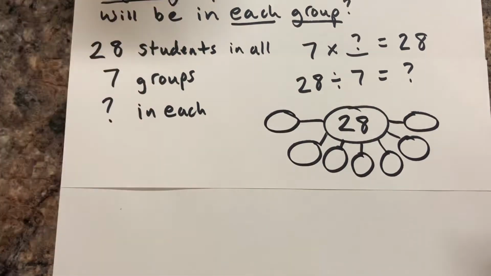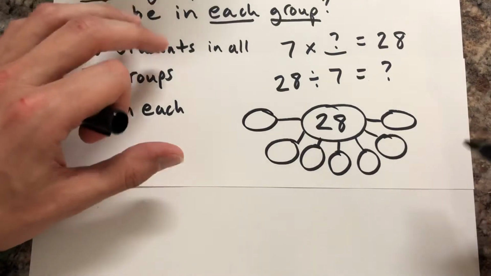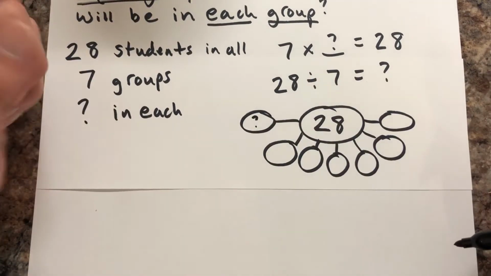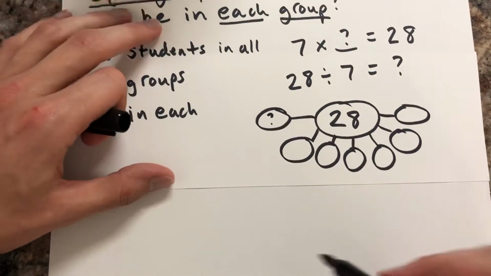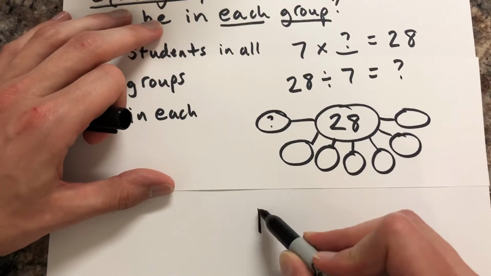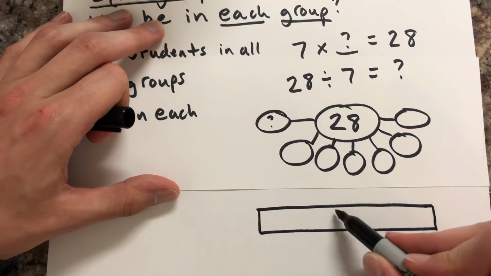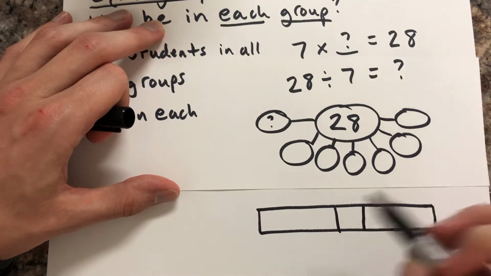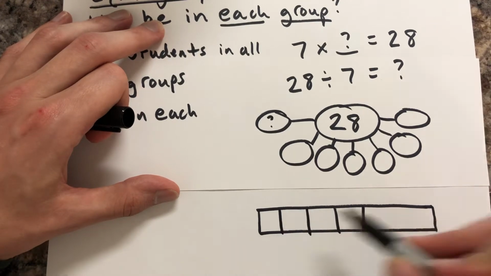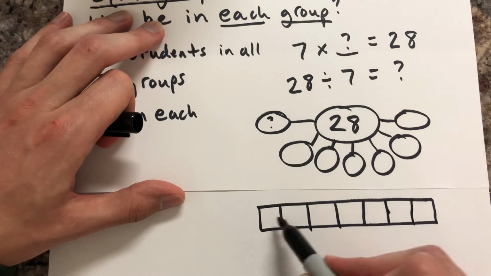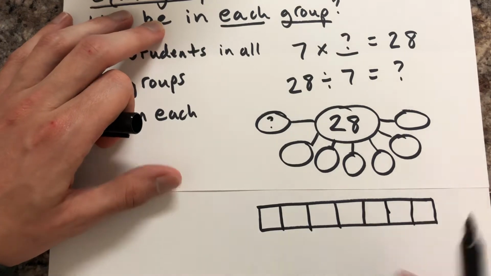Okay, so that's what my number bond looks like, right? I don't know how many goes in each, though. And then here's what my tape diagram would look like. Okay. I got 7 groups. 1, 2, 3, 4, 5, 6, 7 groups, right?